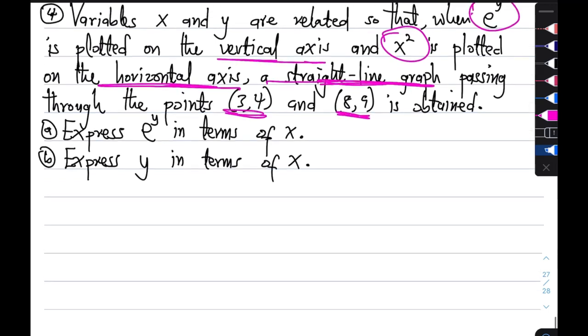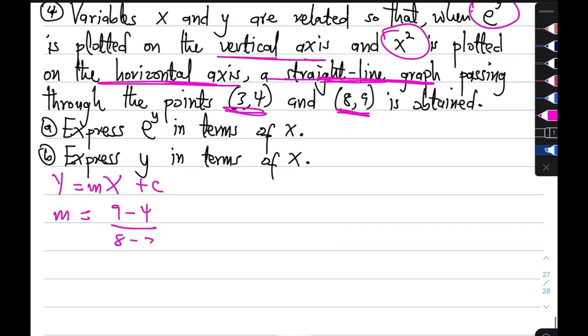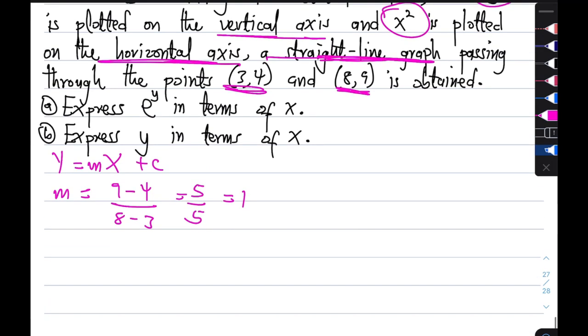So if it's a straight line, then we can say that we have y is equal to mx plus c. So m will be (9 minus 4) over (8 minus 3), giving us 5 over 5, right? So gradient is 1. So that means that we have y is equal to x plus c.